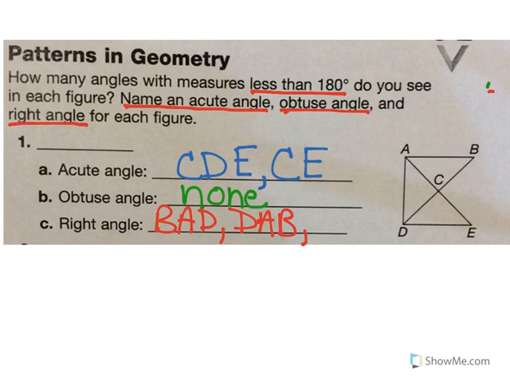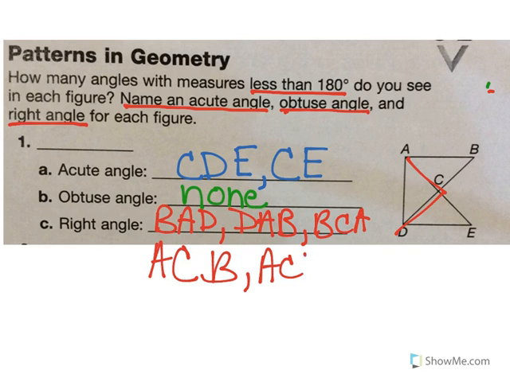Then we've got BCA, which is also ACB, and ACD, which could be DCA, ECD.